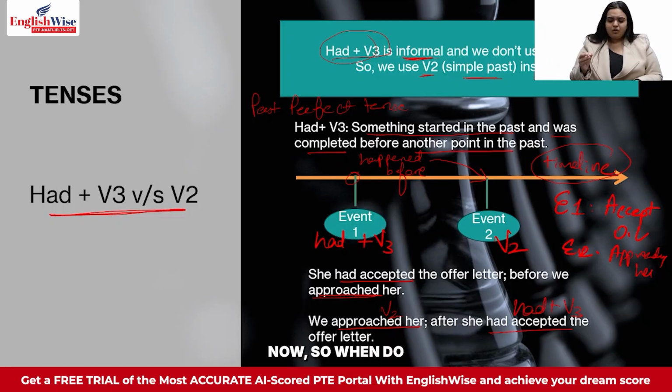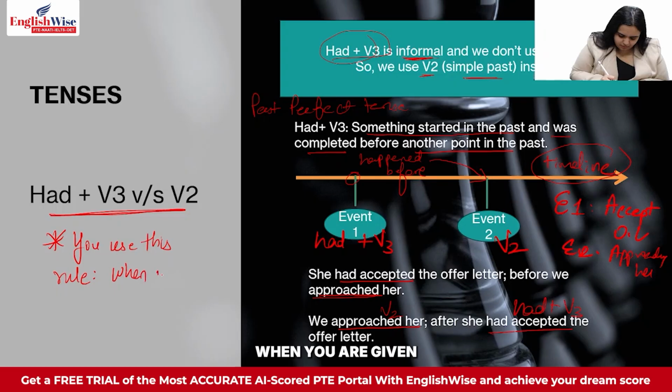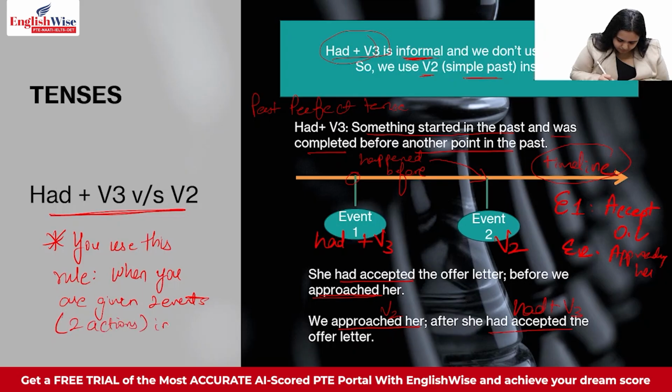Now, when do you use this rule? Always understand, you use this rule when you are given two events, or let me say two actions, in the same sentence.